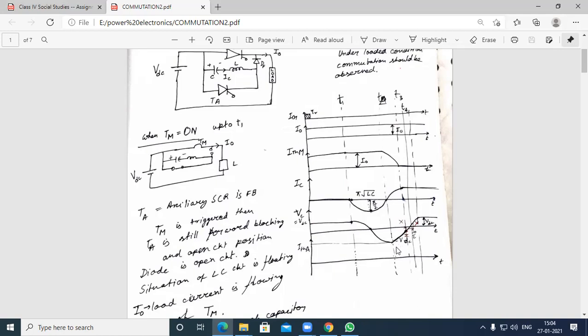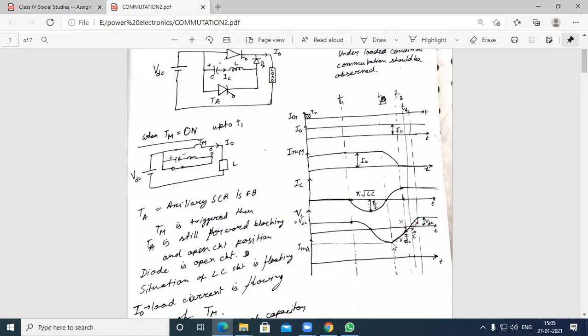Now at T2, the current through the capacitor is equal to 0, and the voltage is equal to minus VDC.